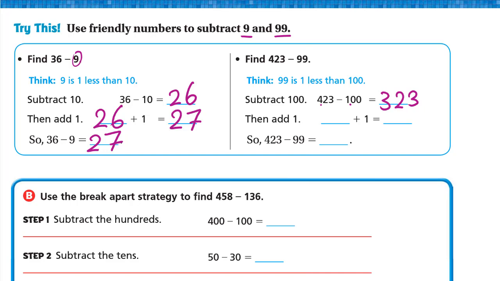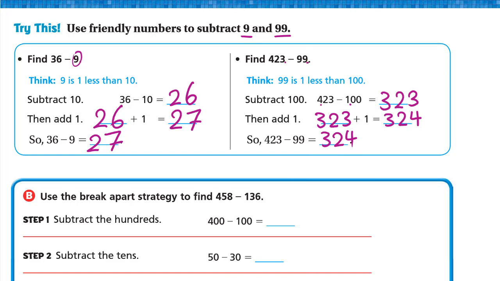Okay, but teacher, you subtracted one more because you subtracted 100 and we're supposed to subtract only 99. Okay, so let's add this one again. So 323 plus 1 will have 324. So our answer is 324.